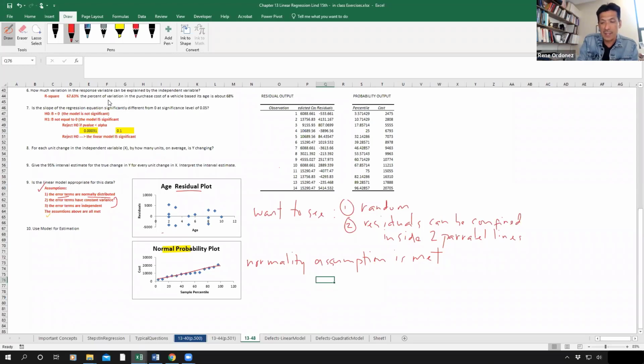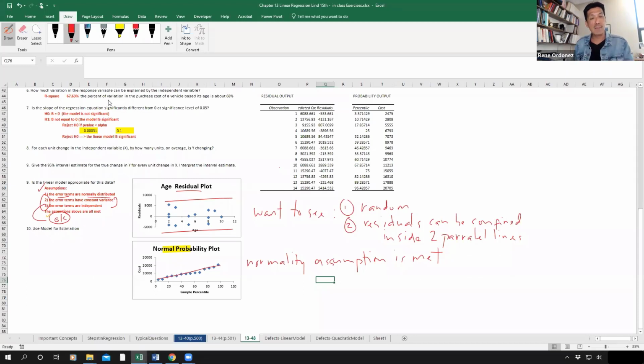Okay, so in this case, we can say that the plots are random and also can be confined into parallel lines. So these three assumptions are met.